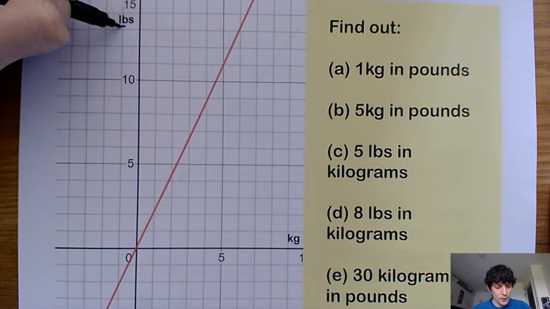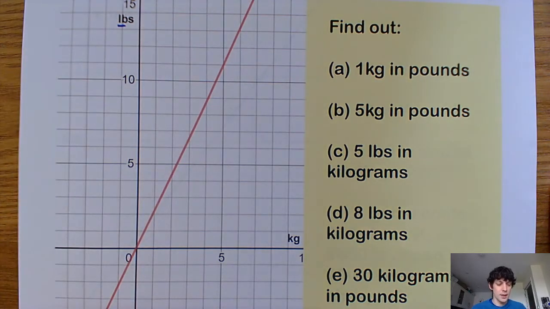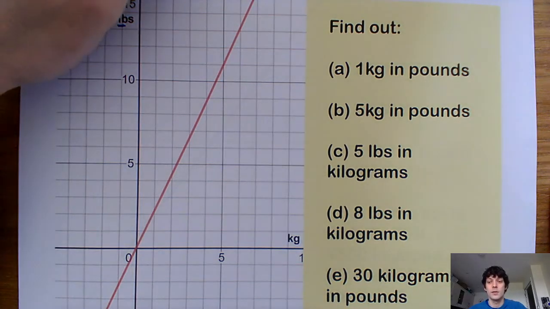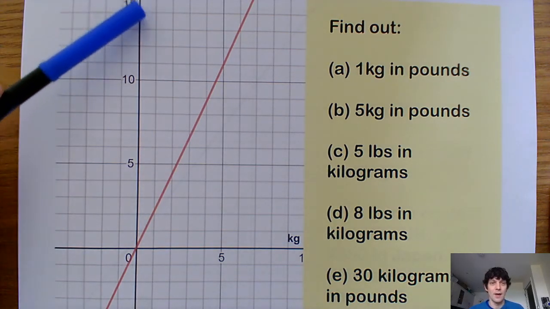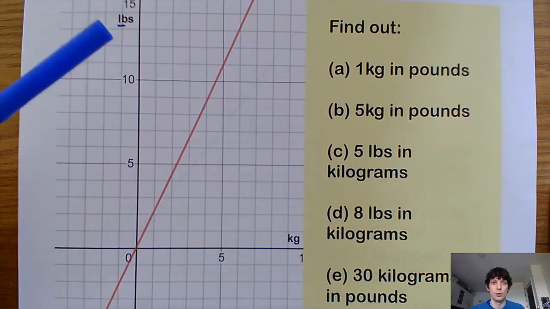It has always struck me as a bit strange why we use lbs to represent pounds. The reason why we use lbs for pounds is that lb is actually short for libra, the Latin word libra.